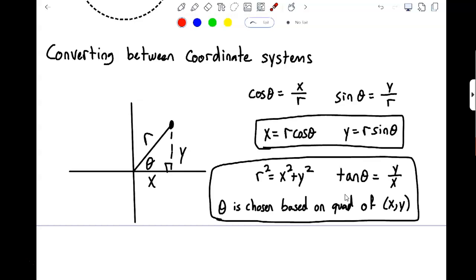And then we'll put that reference angle either in the first, second, third, or fourth quadrant, and just take our standard angle between 0 and 2 pi is usually how we'll approach it. Okay. And again, we'll choose which quadrant to put the reference angle in based on where x and y actually falls at.